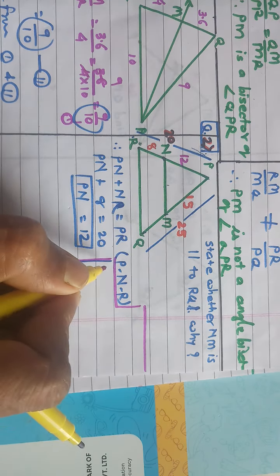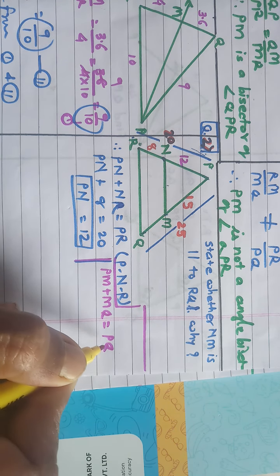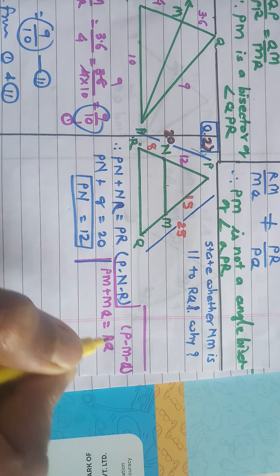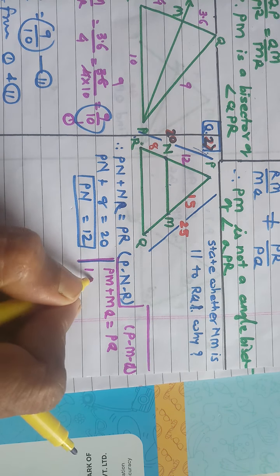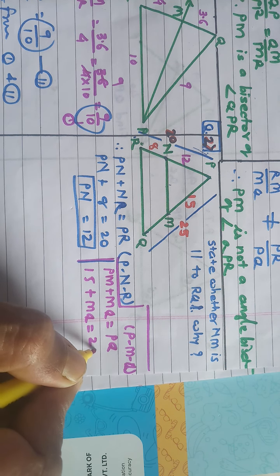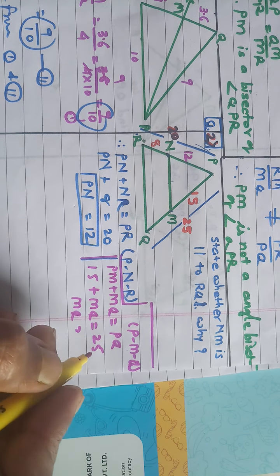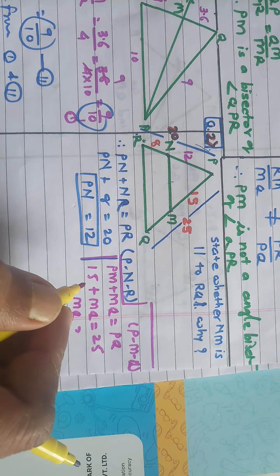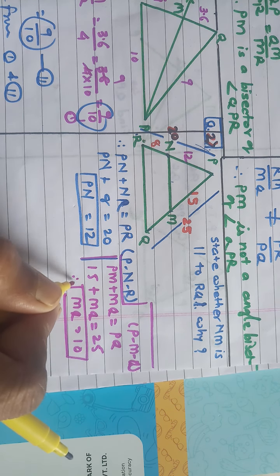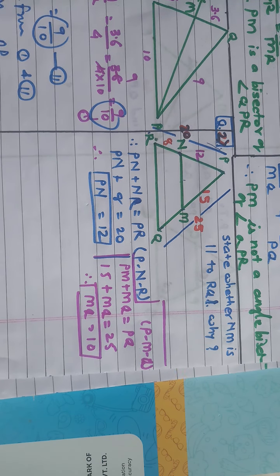In the same way, PM plus MQ is equal to PQ, because all are collinear points. The length of PM is given, 15, MQ we have to find, and the total length is 25. So MQ is, take 15 to the right hand side, 25 minus 15 is equal to 10. I am writing directly. Okay, you have to go through the steps.